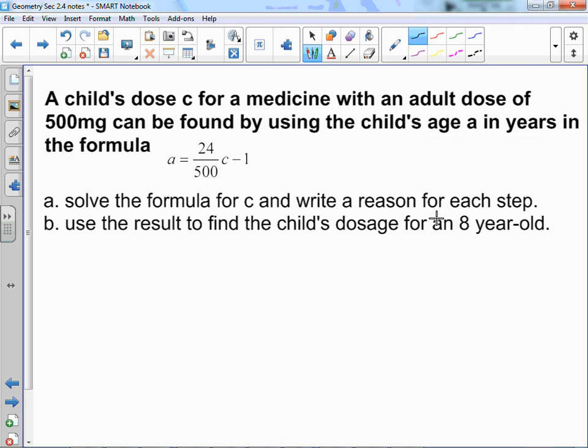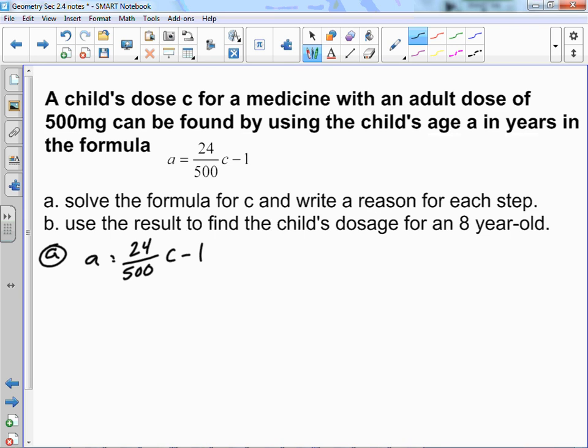For step A, we've got A equals 24 over 500 times C minus 1. I'm going to work through this one first, and then I'll go back and write it neatly with all the steps labeled with their reasons.